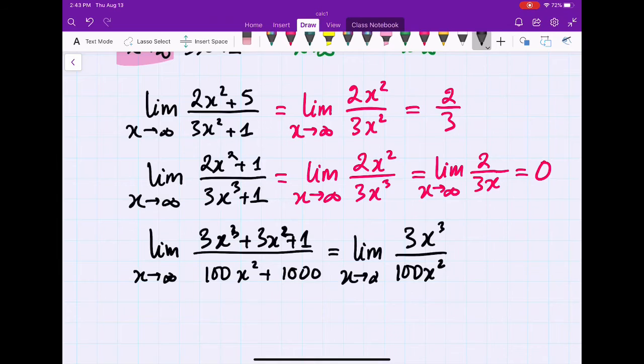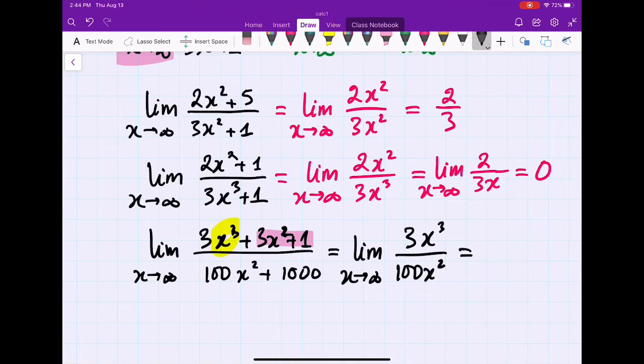X approaches infinity. Right? I just ignore 3x squared plus 1 in here. Because again, at infinity the term x cubed will decide the behavior of the function. Because x cubed approaches infinity faster than x squared. So 3x squared plus 1 do not affect the behavior of the function.